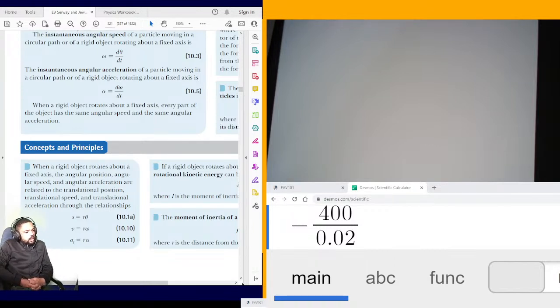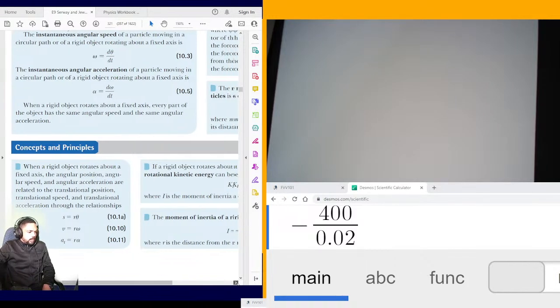The translational position is just the radius multiplied by the angular position.